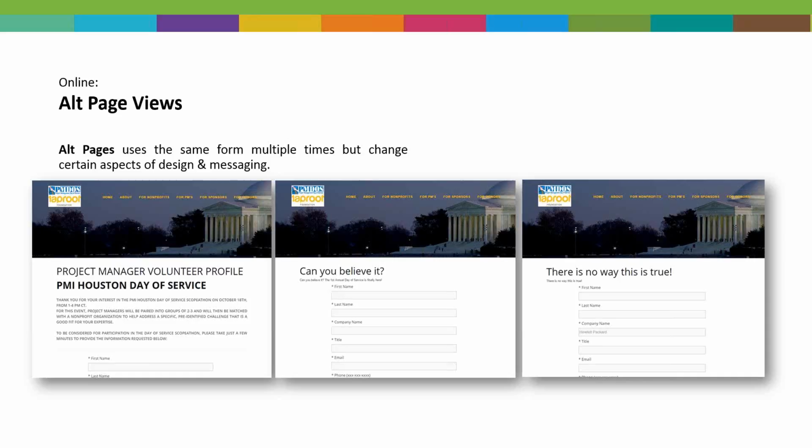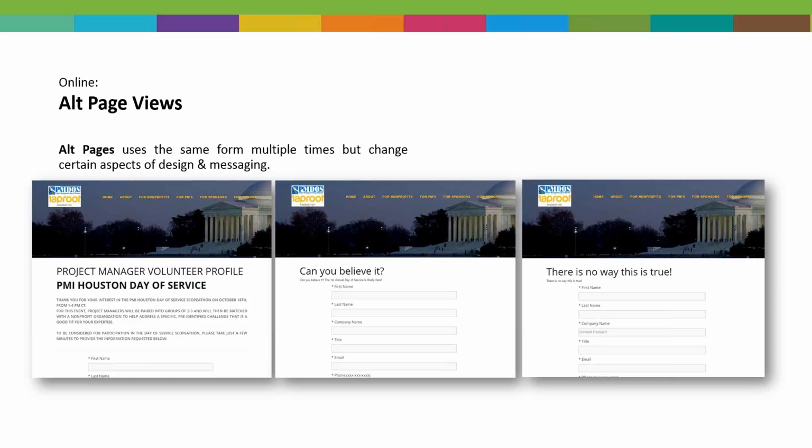And the reason that might apply is if you have the same form being filled out by, especially in the case of PMI, people from their Northern Virginia chapter, and people from their Maryland chapter. What they can do here is create the same form, but offer 2 views with 2 unique URLs.